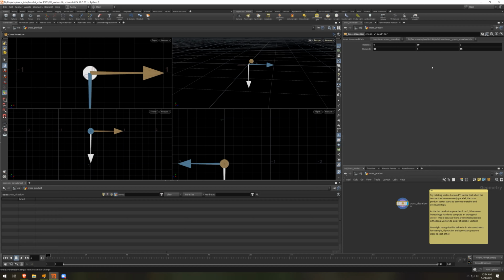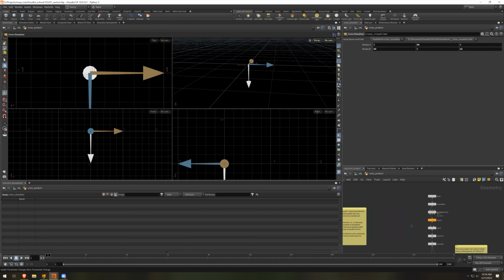It becomes increasingly difficult to get you a stable solution as those two vectors converge. And then once they go in the opposite direction, it flips. So keep that in mind. This is why that behavior happens, and knowing about it and carefully determining where your up vector is, and making sure that it's as orthogonal, as different from the normal vector or your aim vector as it can be, means that you're going to get more stable solutions to these problems.